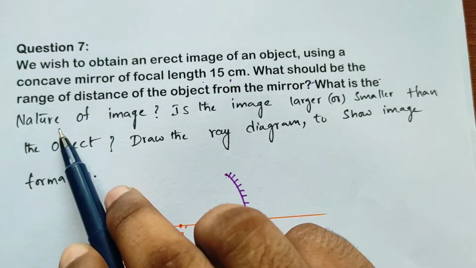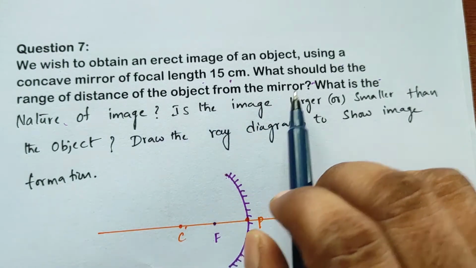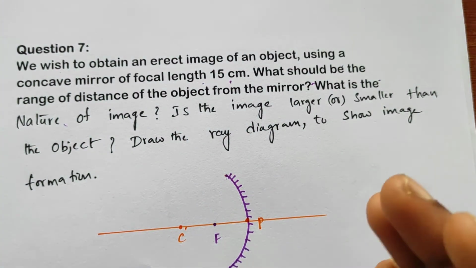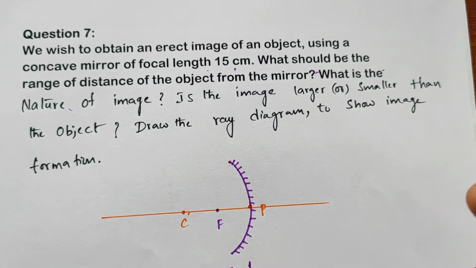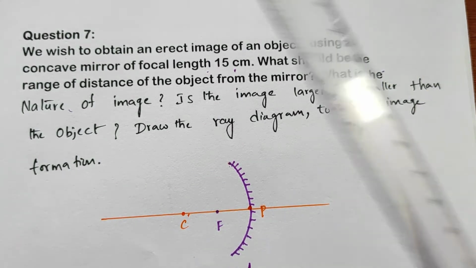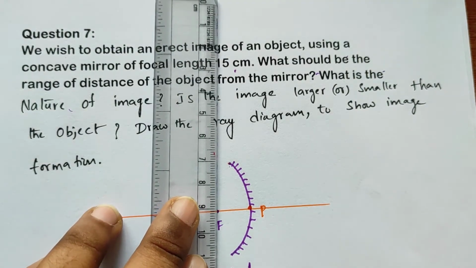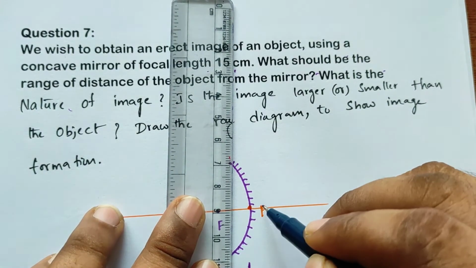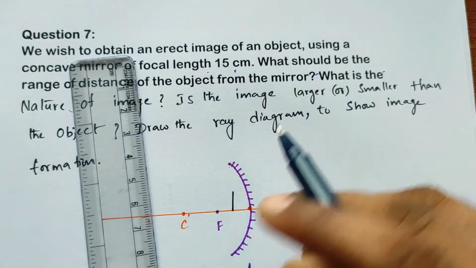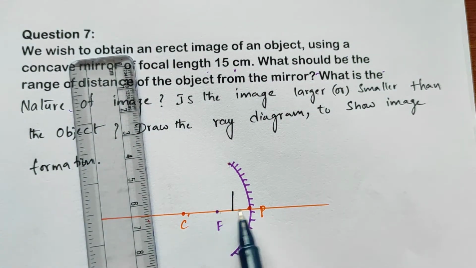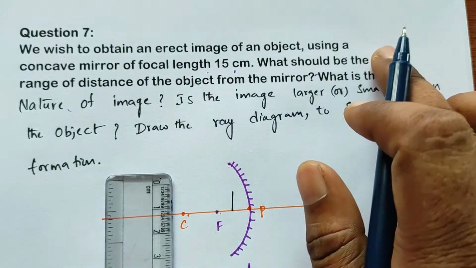What should be the range of distance of the object from the mirror? Where do we have to place the object if we need an erect image? That is the question here, and the answer is very simple. We need to place the object between focus and pole. Wherever you keep it, from this point to this point, the condition is satisfied.